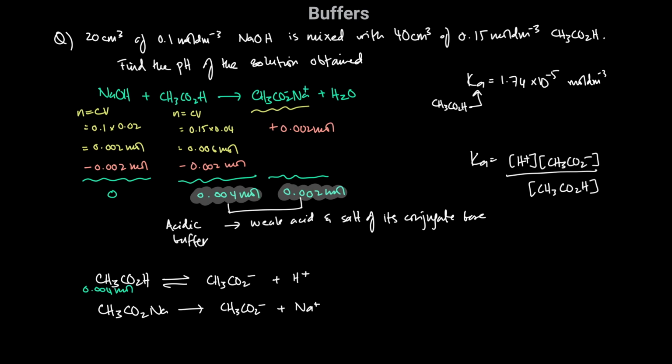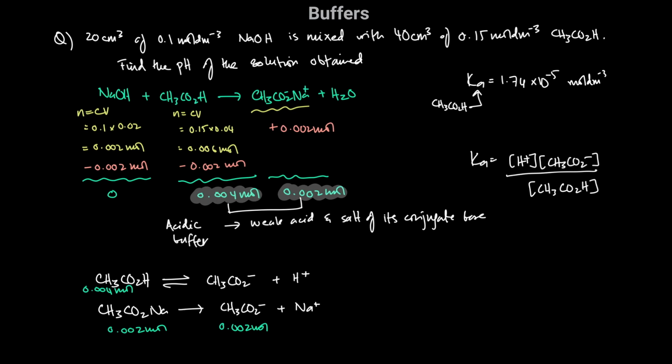And how many moles do we have of the salt of the conjugate base? 0.002 moles. And therefore, obviously, we have 0.002 moles of this ethanoate ion, because a salt completely dissolves in water and it completely ionizes.